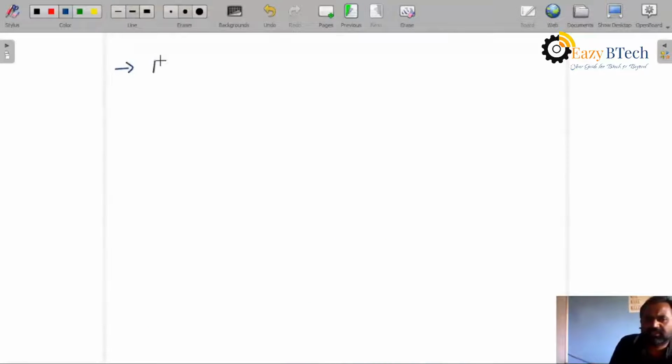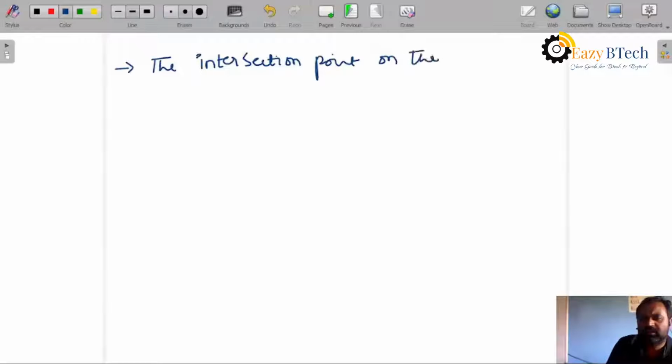The intersection point on the load line is known as the operating point.